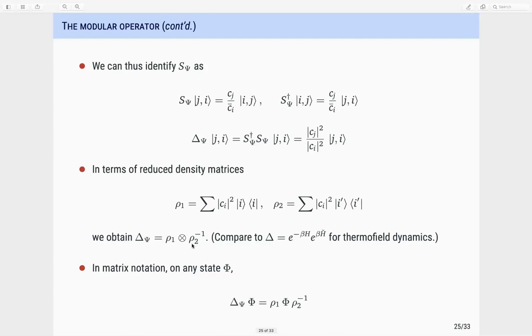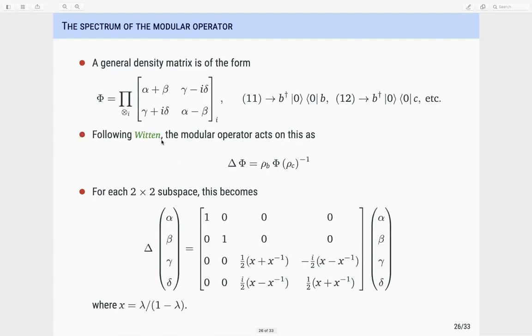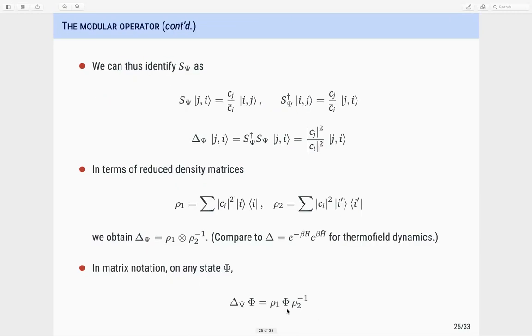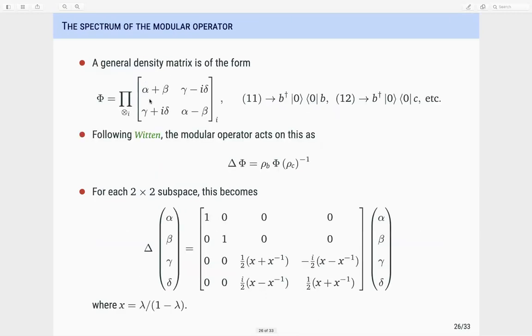Separating states guarantee that rho 2 inverse exists, that all the C's have to be non-zero. Okay. So therefore, I can now take a general state in a 2x2 matrix form again, in terms of the B's and the C's, in terms of arbitrary elements here. All I'm using here is the fact that phi is a Hermitian object.